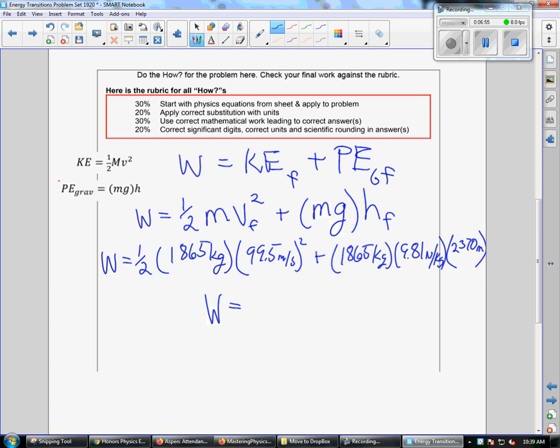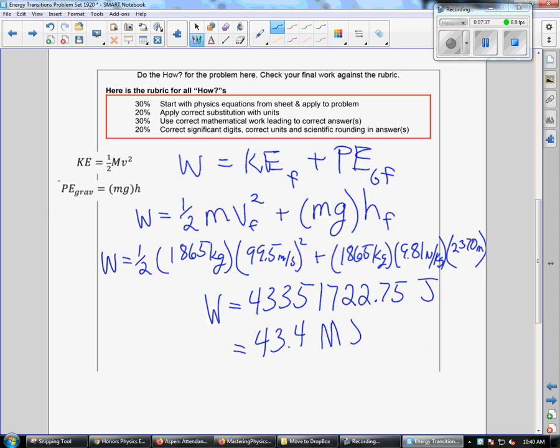And I end up with 4, 3, 5, 1, 7, 2, 2.75 joules. But they wanted it in megajoules. So mega is 6. 1, 2, 3, 4, 5, 6. So 43.4 megajoules.